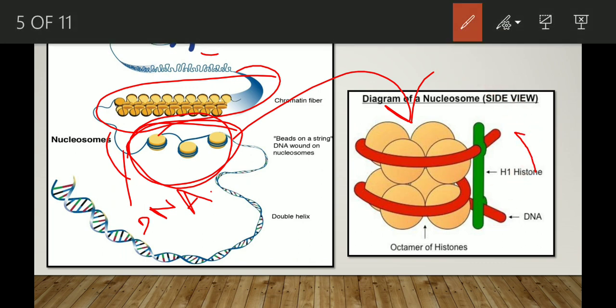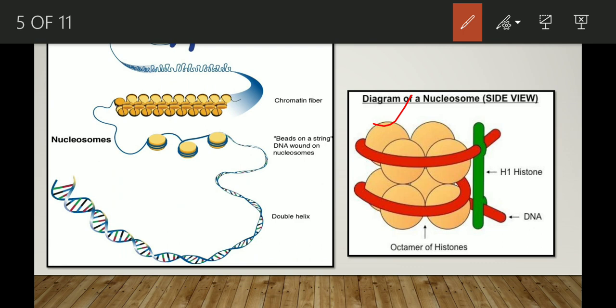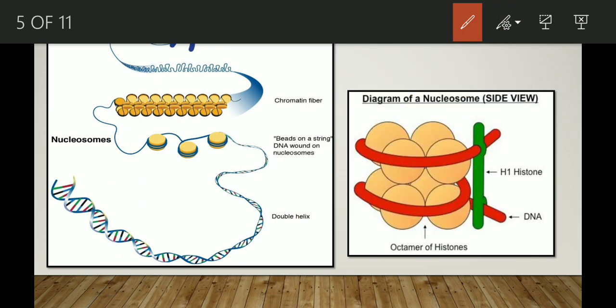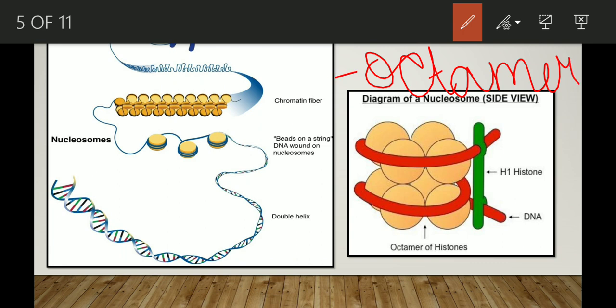These are the 8 histone molecules, 1, 2, 3, 4, 5, 6, 7, 8, and this red rope-like structure is the DNA. Around the 8 histone molecules, the rope-like DNA winds. As 8 molecules are present, this single structure is known as an octamer.